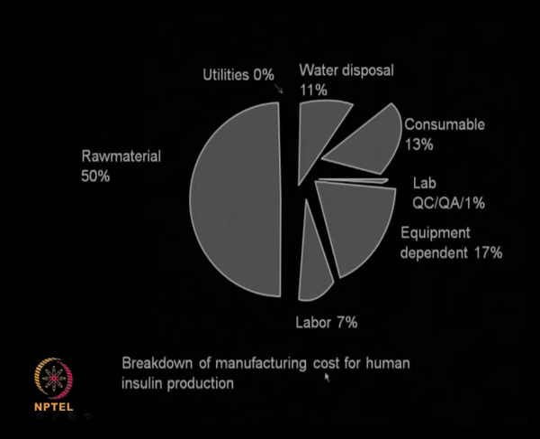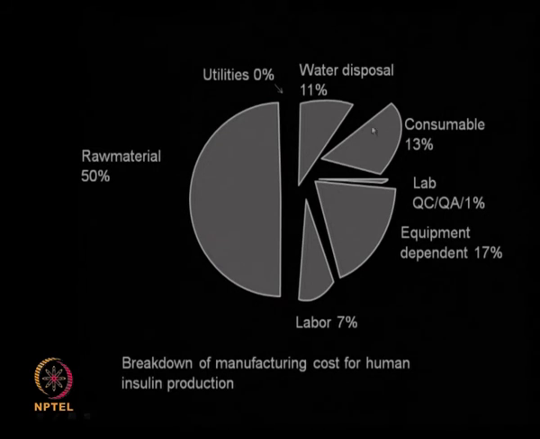So, if you look at the breakdown of manufacturing cost for human insulin, 50% is the raw material cost, 17% is because of the equipment, 13% is because of the consumables which are used in the various downstream steps. What are consumables? Consumables may be solvents, consumables may be gases which you are using, consumables may be salts which are used for salting out.